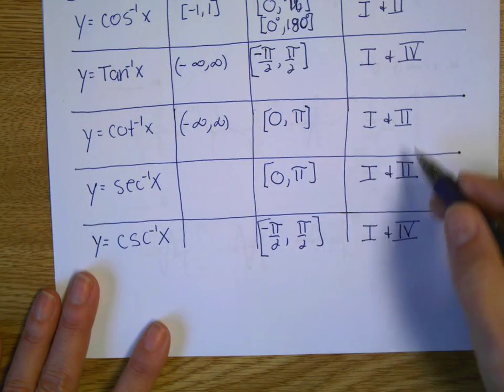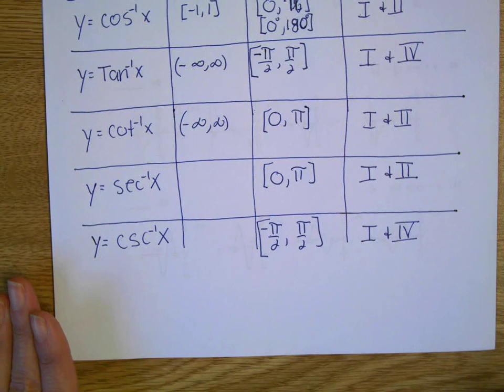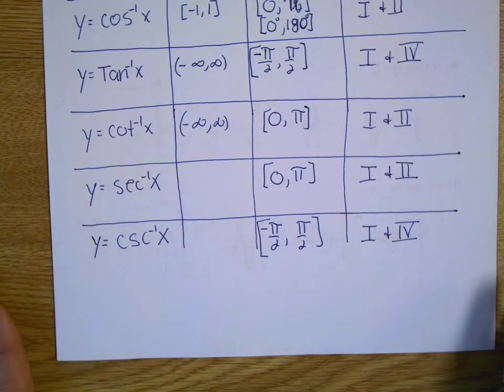There's no 3, but there's a 2. You're either 1 and 2 or you're 1 and 4. 3 is kind of an ugly duckling.